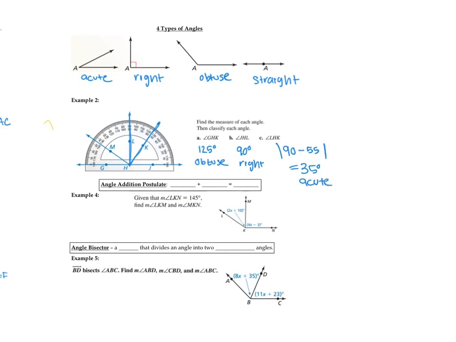All right, now everything we just talked about has everything to do with the angle addition postulate. Last time we talked about the segment addition postulate. Angle addition postulate is the exact same thing.